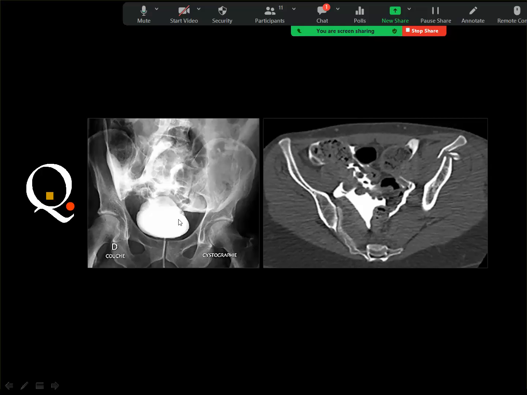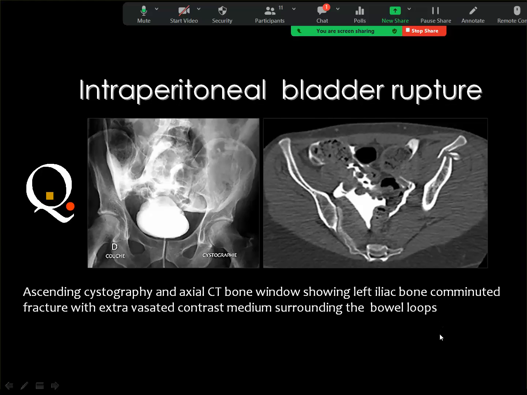If the urinary bladder ruptured extraperitoneally, you see the contrast material in the pelvic floor muscles and soft tissues. But if you see the contrast material surrounding the bowel loops, then this is an intraperitoneal rupture of the urinary bladder.